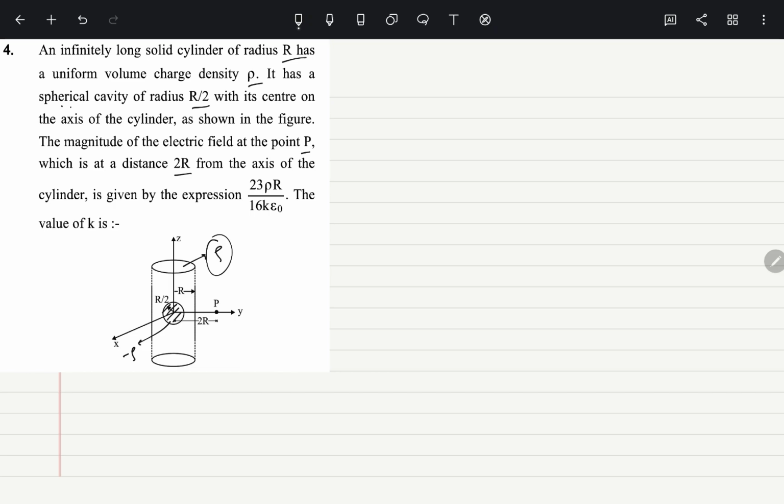Electric field into the surface area of the Gaussian surface is equal to rho into pi r square L divided by epsilon naught. Pi L is constant, so the electric field due to a solid cylinder is rho r square by 2 r epsilon naught.